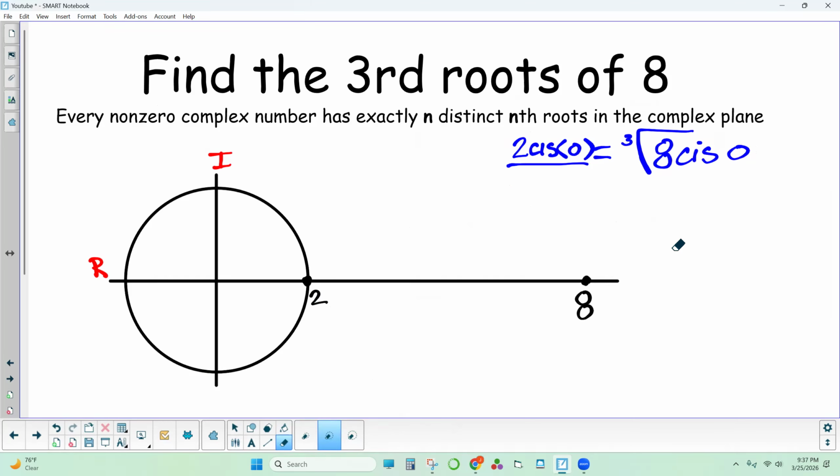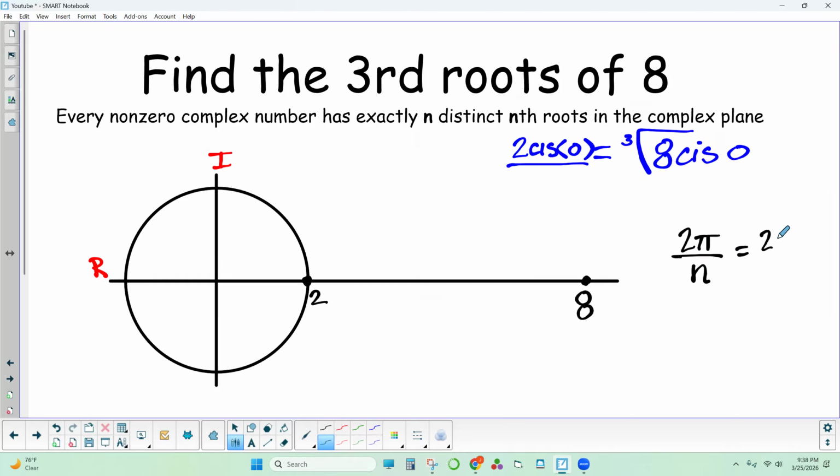Now, let's talk about how we find the other roots. What's important to understand is that these roots are evenly spaced around the complex plane. And if we're taking the cube root, we know we have 3. So how do we evenly distribute 3 roots around a plane that is 2 pi? We take 2 pi divided by n. And in this case, n is 3.